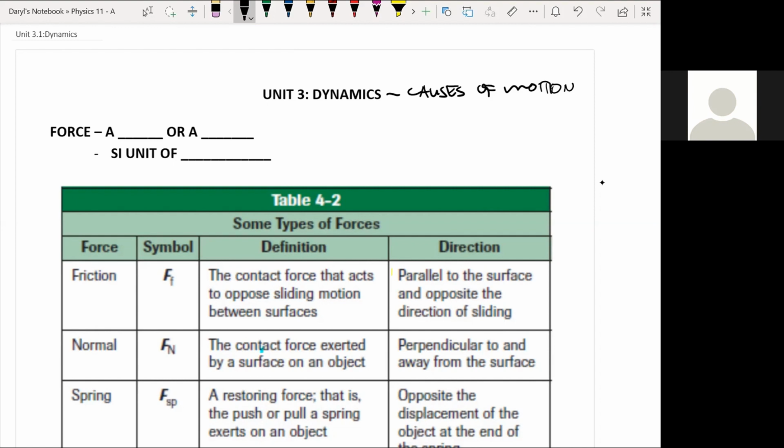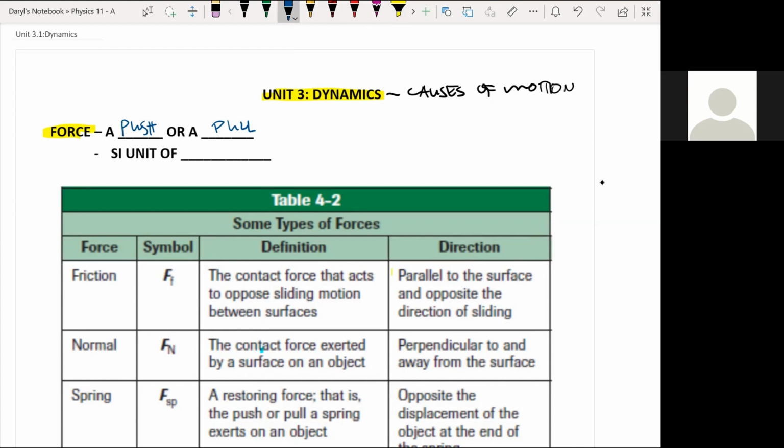Okay, and an important quantity when we try to talk about dynamics is the quantity force. Force can just be defined as a push or a pull. And it is considered as an external influence that can change the state of motion of the object.